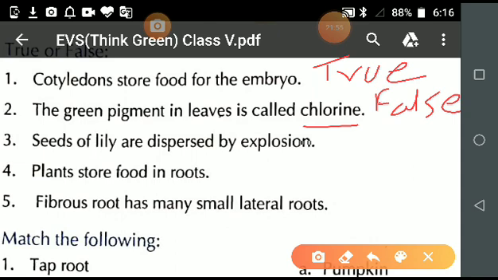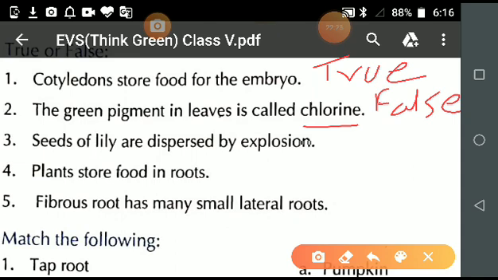And for this, there are some agents which help in the spreading of seeds. Those agents are known as wind, water, animals, and explosion. So student, seeds of lily are dispersed by explosion.